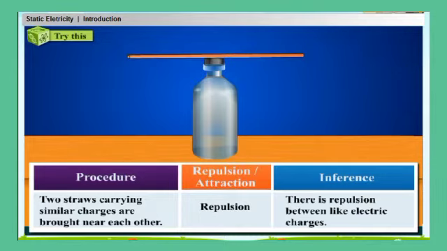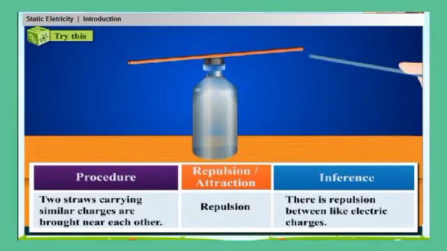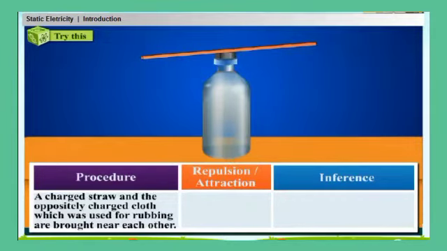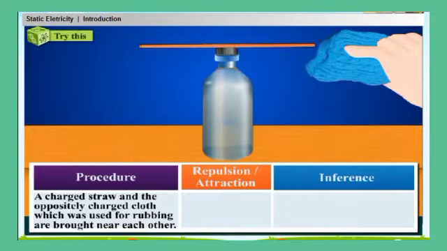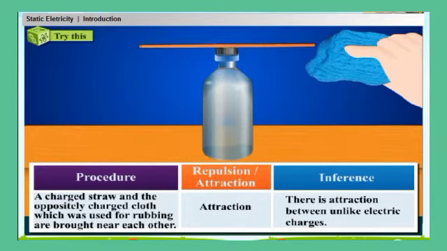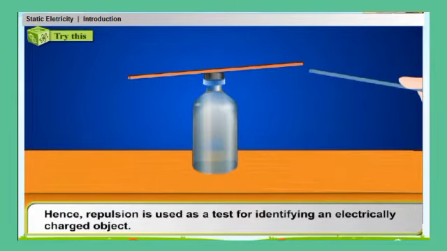Inference: there is repulsion between like electric charges. And procedures: a charged straw and the oppositely charged cloth, which was used for rubbing, are brought near each other. Attraction. Inference: there is attraction between unlike electric charges. Hence, repulsion is used as a test for identifying an electrically charged object.